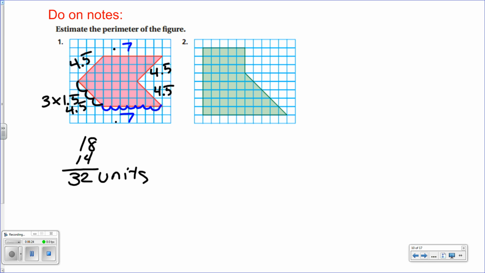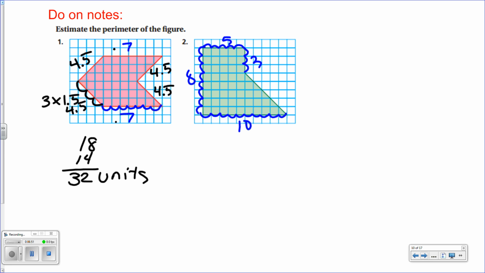Okay, let's check the green one. So we should have counted along the bottom. 1, 2, 3, 4, 5. I'm having a hard time getting my pen to stay straight with it. 1, 2, 3, 4, 5, 6, 7, 8, 9, 10. So that's 10 along the bottom. 1, 2, 3, 4, 5, 6, 7, 8 along the top. 1, 2, 3, 4, 5. 1, 2, 3.